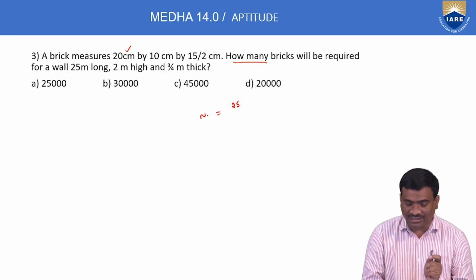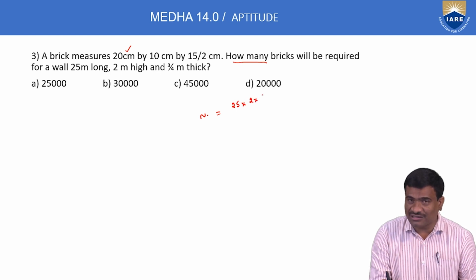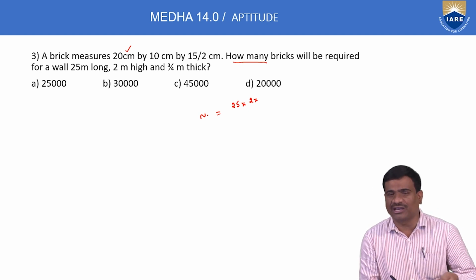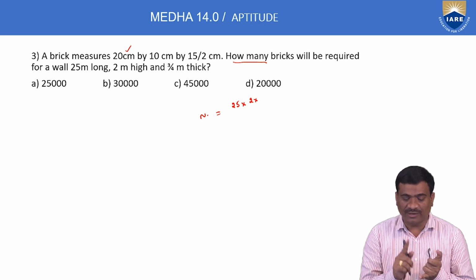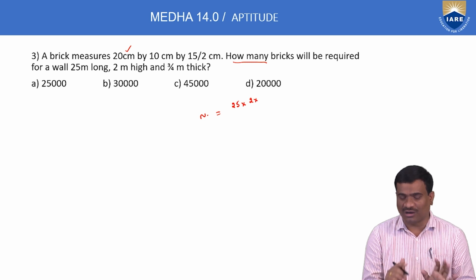Then length 25 into 100, breadth 2 into 100, and thickness or height 3 by 4 into 100.